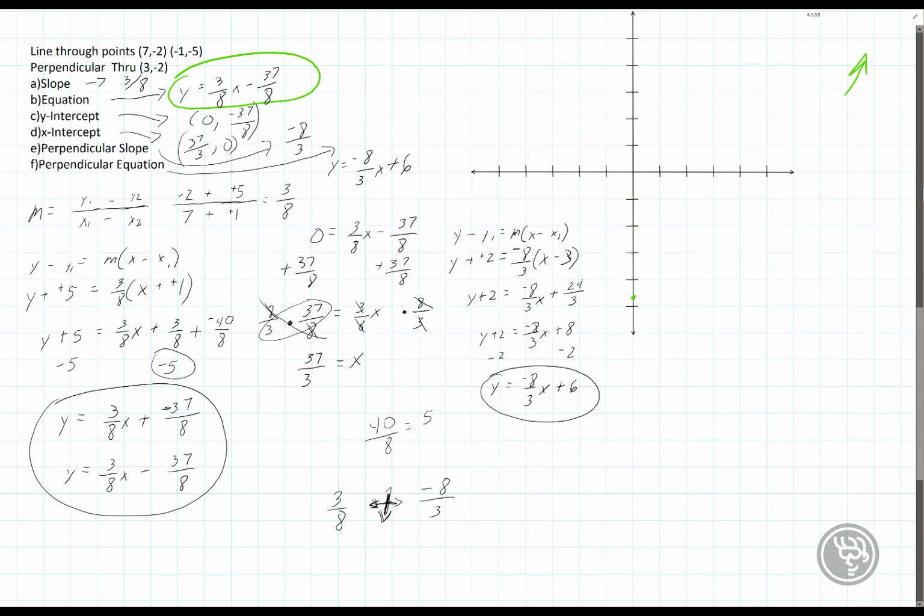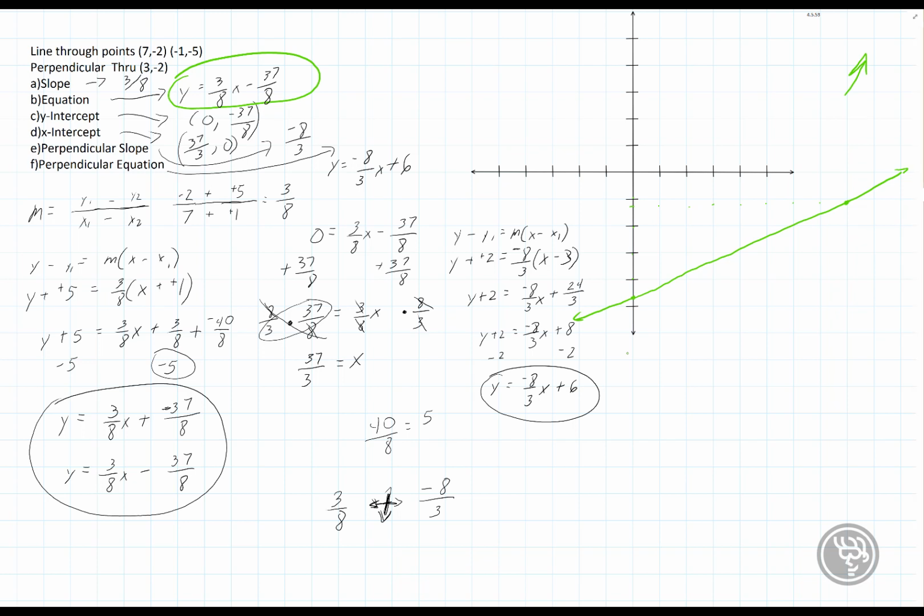From here we're going to go up 3, 1, 2, 3, and then over 8. 1, 2, 3, 4, 5, 6, 7, 8. So our line's going to look a little something like this. Very flat looking. So that's the equation of the first line.